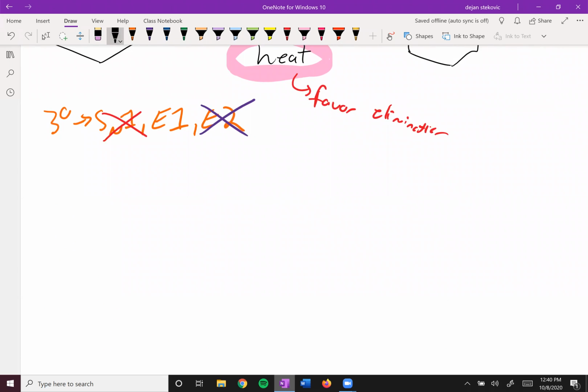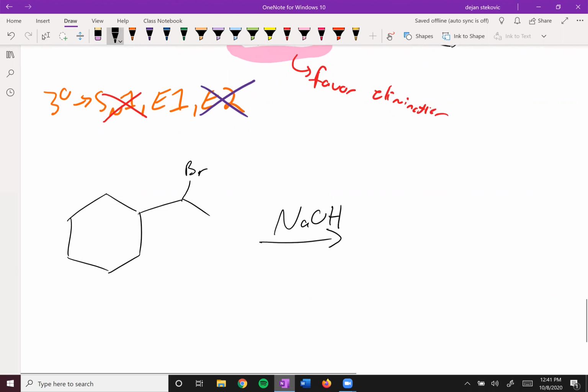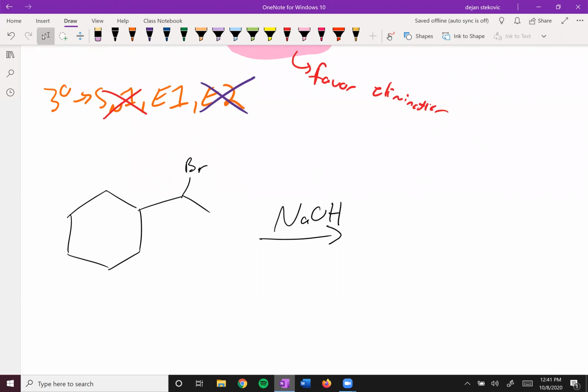Let's take a look at another example. Here we have a secondary alkyl halide. And so that tells us any one of them is up for discussion. It could be SN1, E1, SN2, or E2.